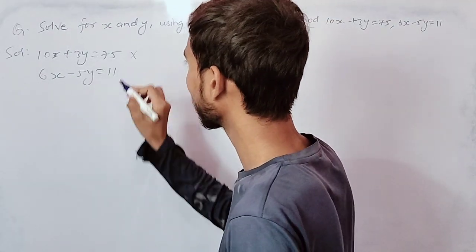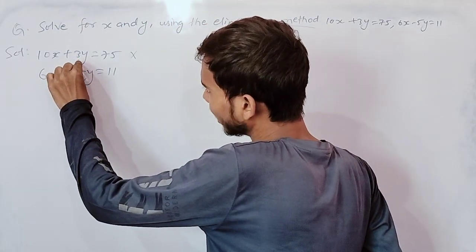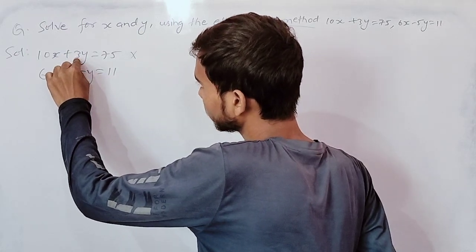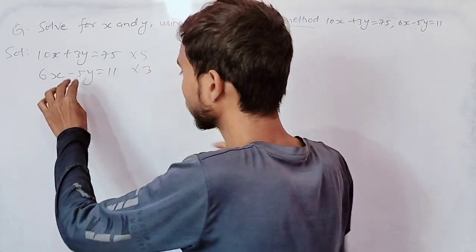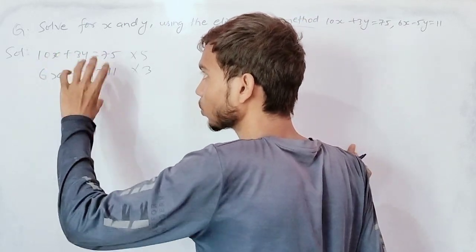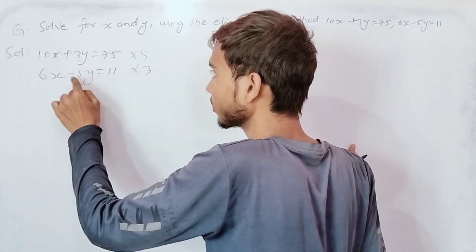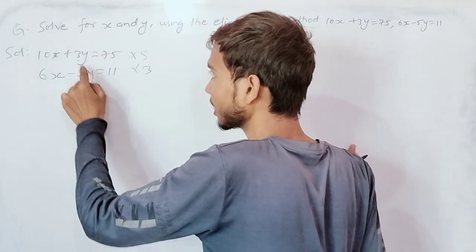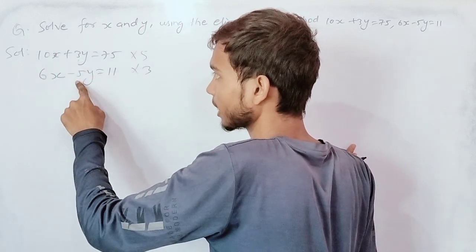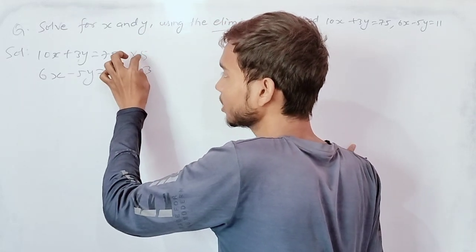For example, if I multiply this whole equation by 5 and this by 3, then I will get this and this equal. It will be 15 after multiplying by 5, and after multiplying by 3, I will get this term as 15 and this as 15. That's why I took these two numbers.